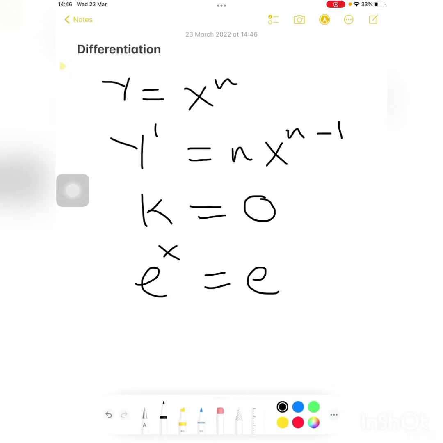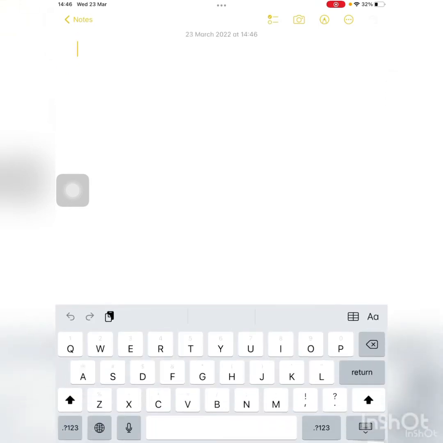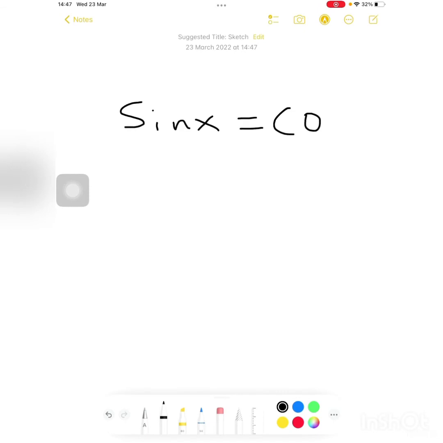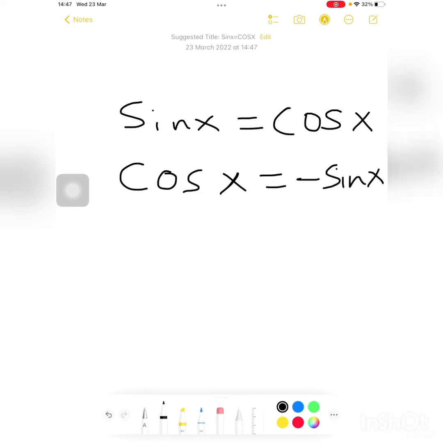The derivative of log of x is 1 over x. The derivative of sin x is cos x. The derivative of cos x is minus sin x. And if the function is tan x, the derivative is sec squared x. Okay, so those are the key ones.